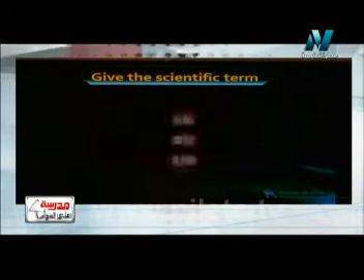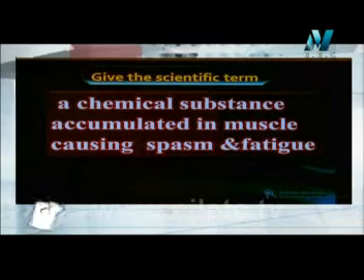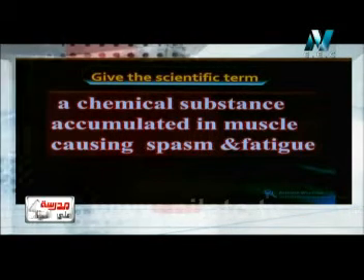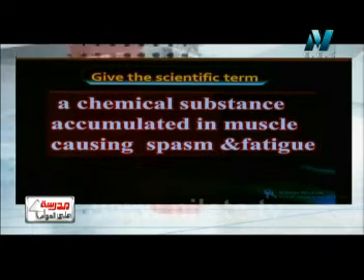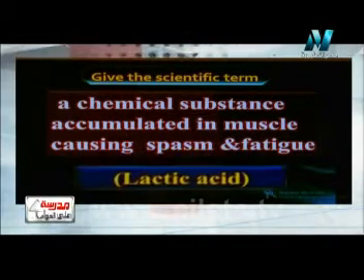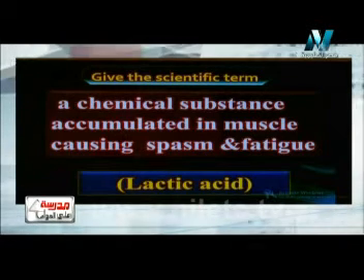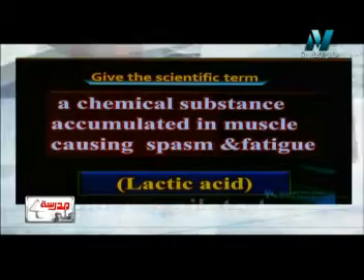The next: a chemical substance accumulated in the muscle causing spasm and fatigue. The chemical substance causing fatigue in the muscle is called lactic acid. Lactic acid is formed inside the muscle due to the shortage of oxygen, or the anaerobic respiration of the muscle. In the presence of oxygen, the glycogen inside the muscle changes into glucose.